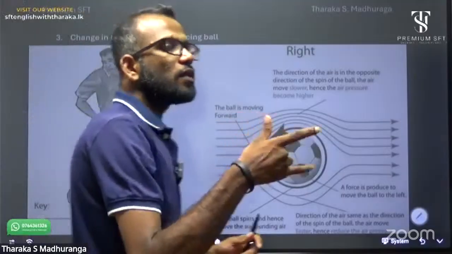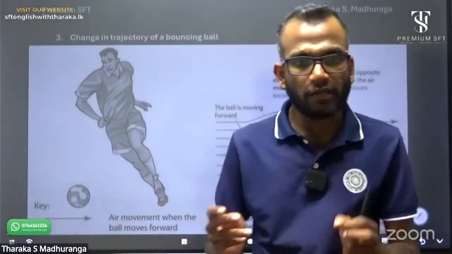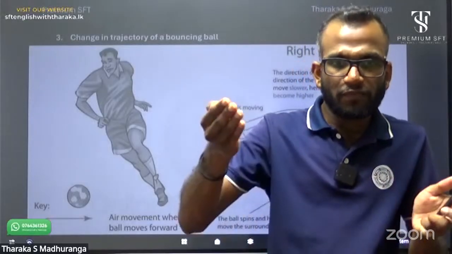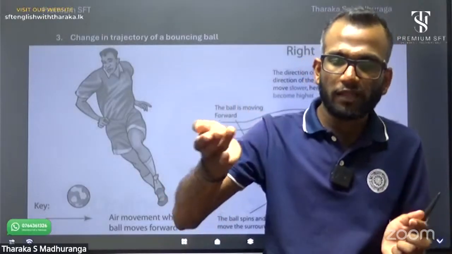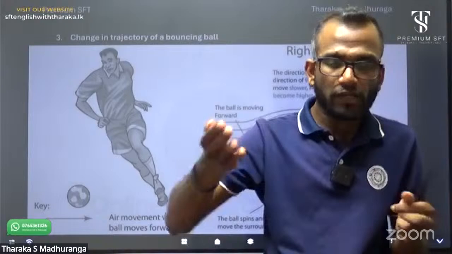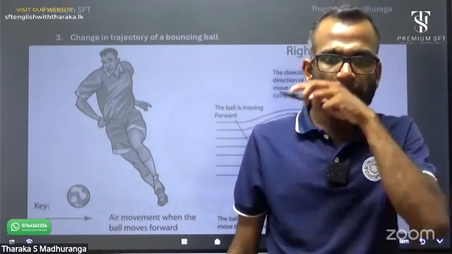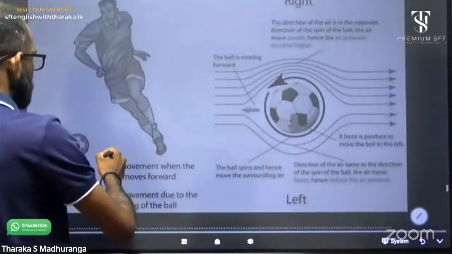Now, the ball, how does it turn? There are two applications. If you have seen footballs, when a long shot is taken, it moves in a curved path like this.